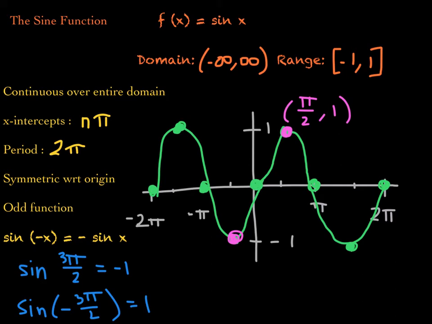So if you find this point, you get this one for free. That's the meaning of symmetry with respect to the origin. These 2 points here, pi, 0 and negative pi, 0, are symmetric with respect to the origin. All right, cool.